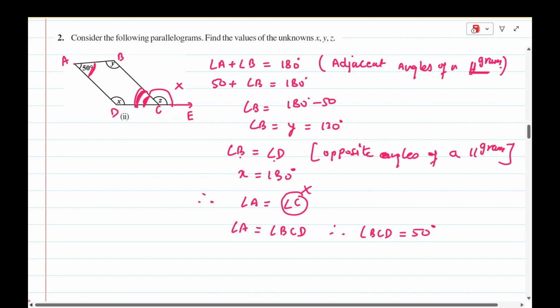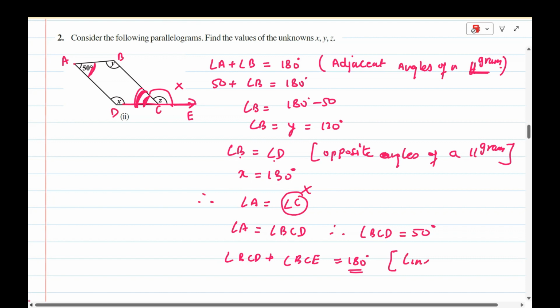Now, if you see clearly, this is a straight line, right? So angle BCD plus angle BCE is going to be 180 degrees, and this is not an adjacent angle of a parallelogram. They are obviously supplementary because the sum is 180 degrees, but I will not call them adjacent angles of a parallelogram.